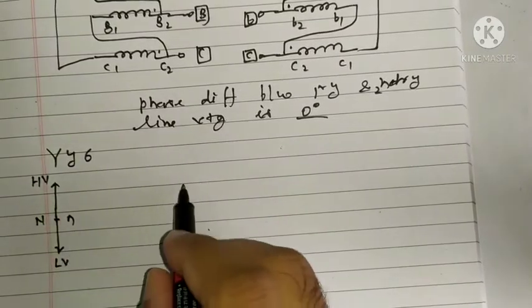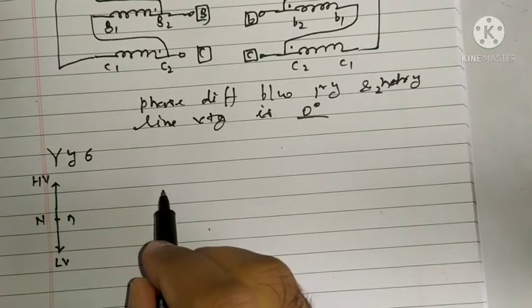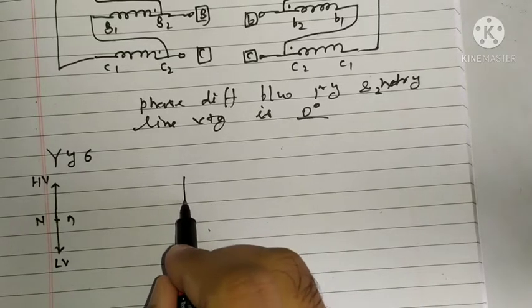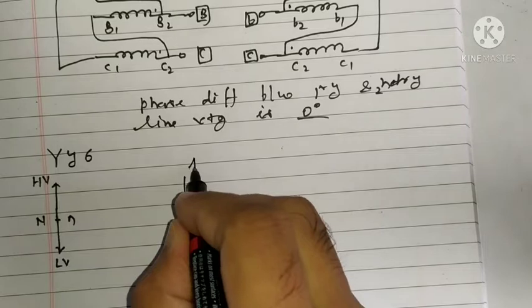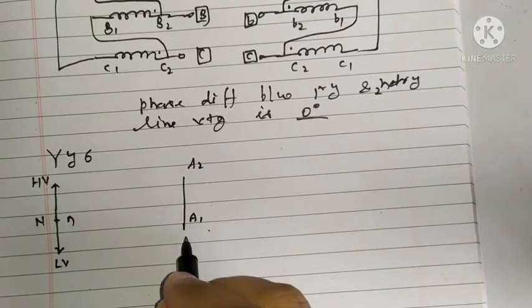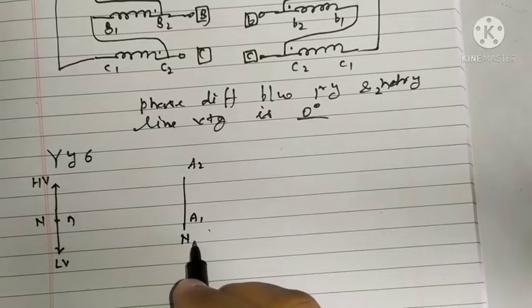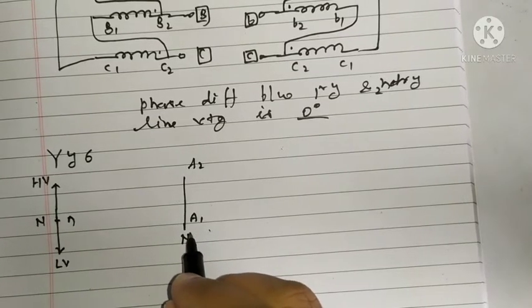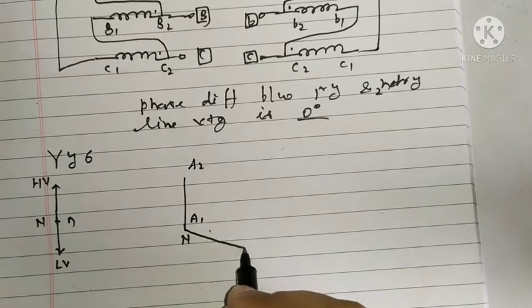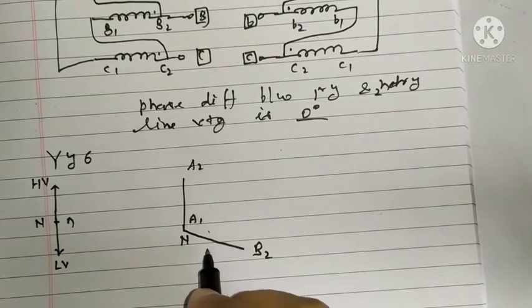So keeping this in mind, let me draw first HV side. So A2, A1, or it is neutral also, will be vertically, and B2 B1 will be drawn from here following phase sequence.